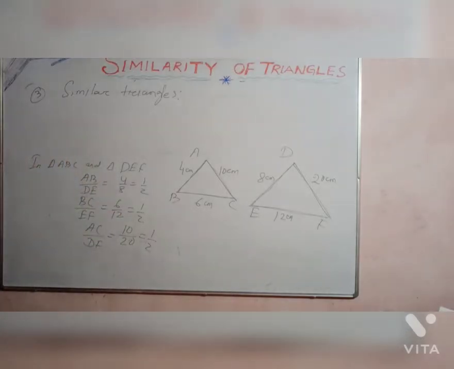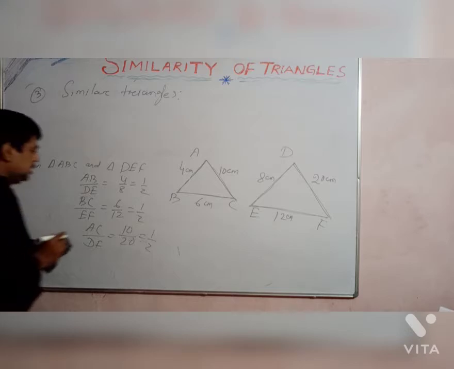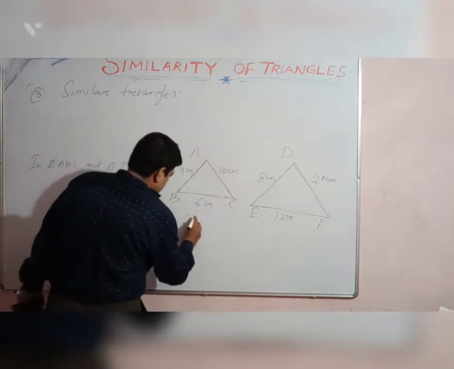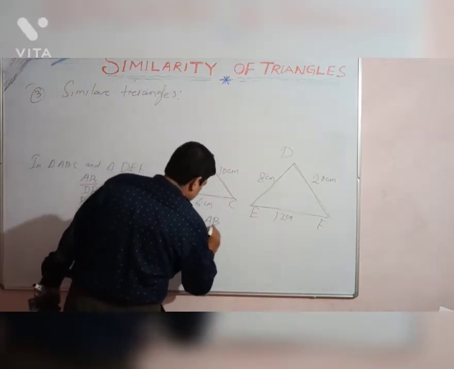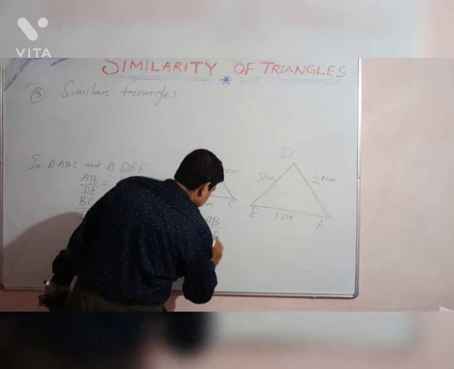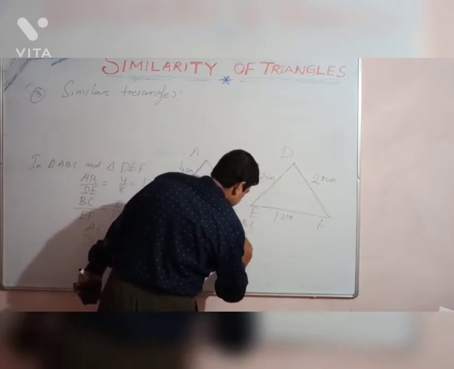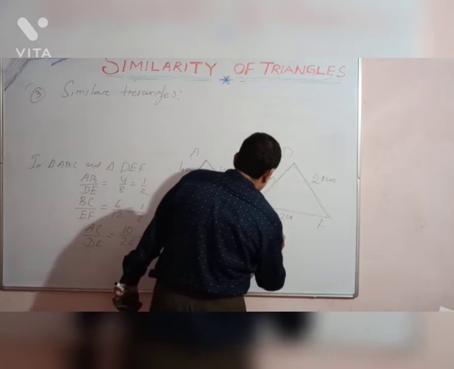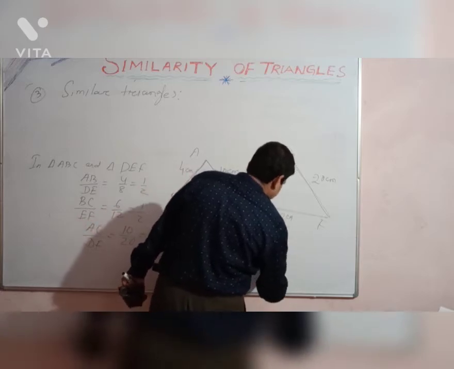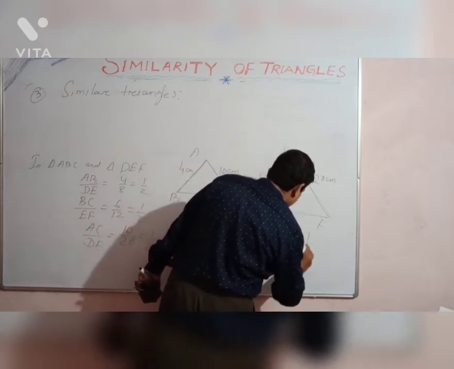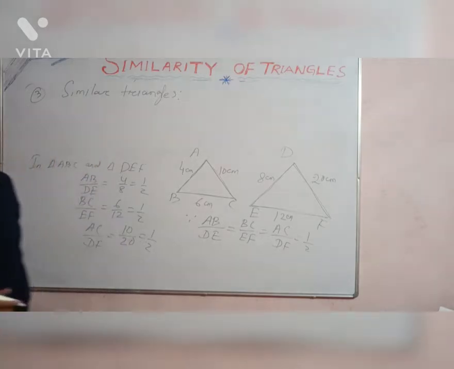In these cases, the ratio of their corresponding sides is equal, since AB upon DE, BC upon EF, and AC upon DF are equal. This mathematical condition is satisfied, their sides are in proportion.